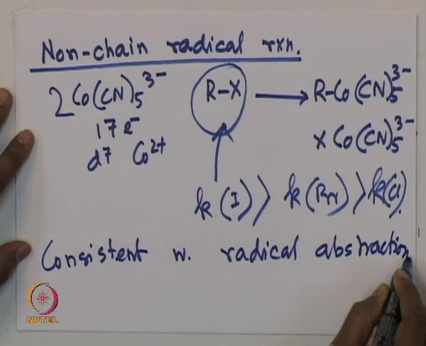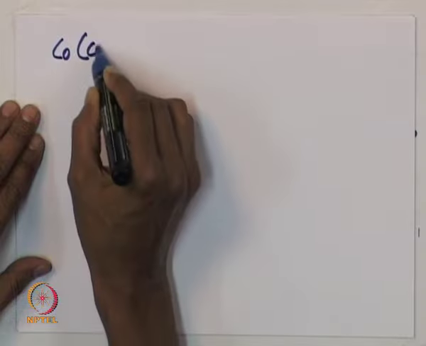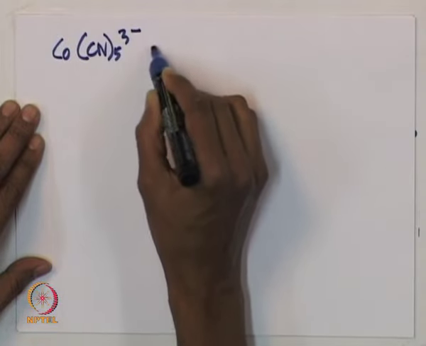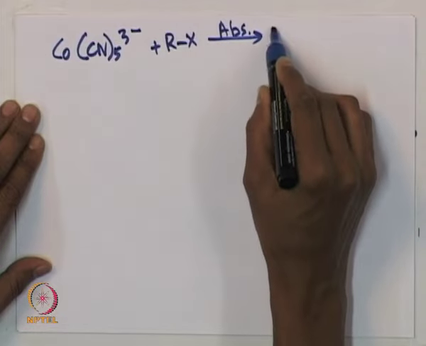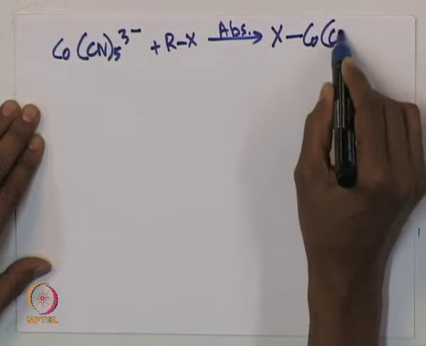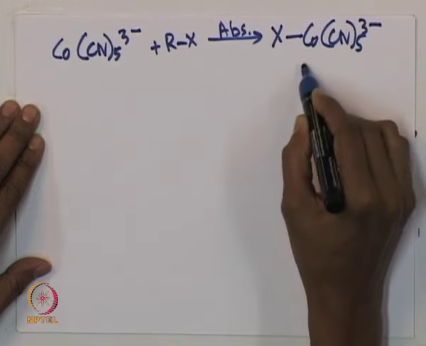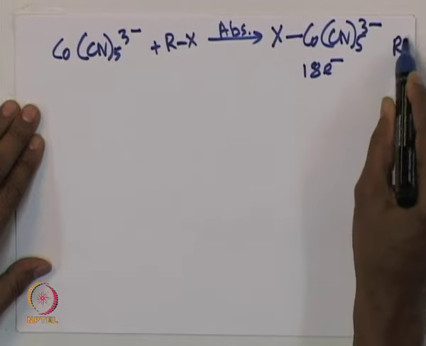Right. Now, of course, it is a non-chain radical, it happens in a stepwise manner. So, the cobalt complex, which is the 17 electron species, will react with RX in a stepwise fashion. Let us write down the stepwise reaction mechanism. So, Co(CN)5 3 minus reacts with RX, this is an abstraction step, to give you the XCo(CN)5 3 minus species, which is an 18 electron species, along with R dot.